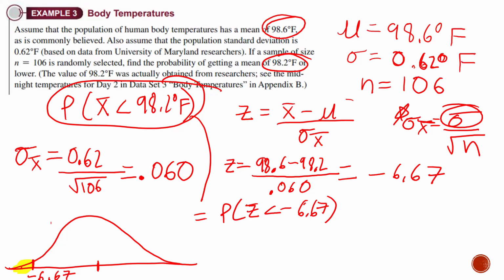So I can say that this yellow area right here is essentially 0. So this probability is approximately 0%.